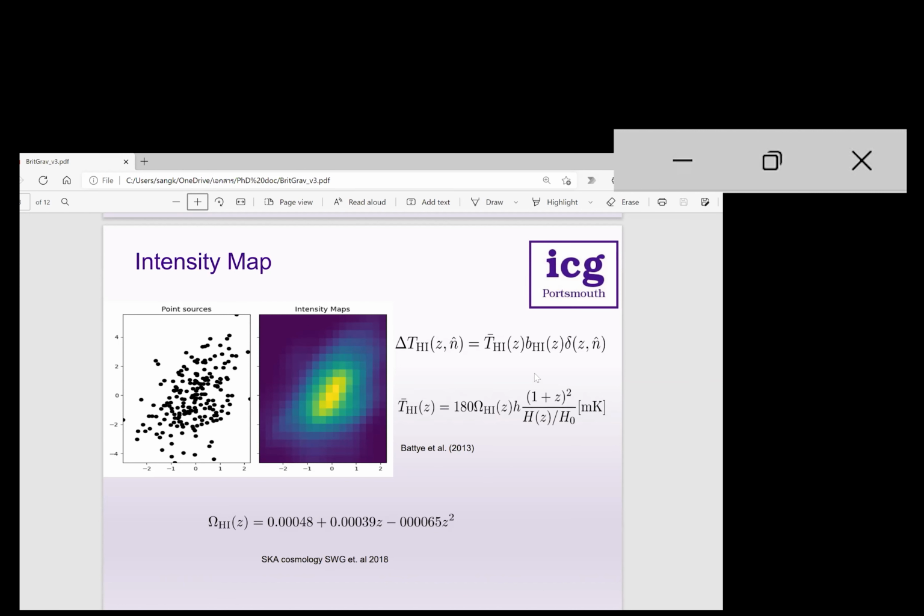By studying this intensity map, we can tell how our local galaxy evolution proceeds.